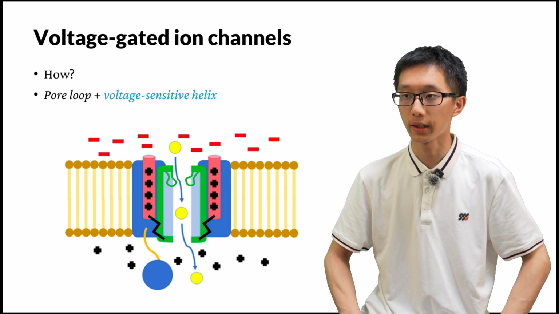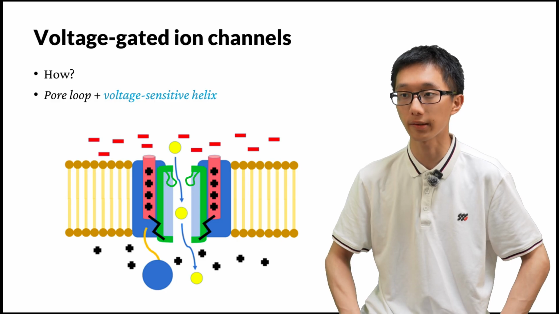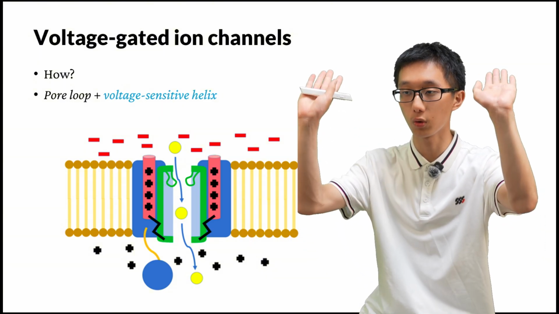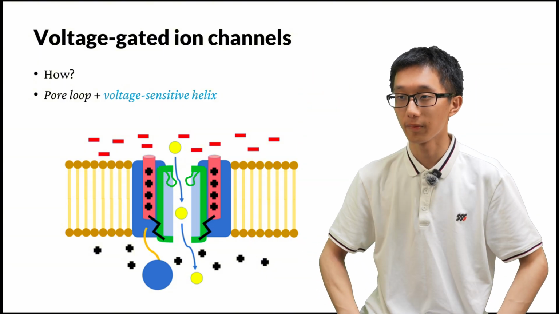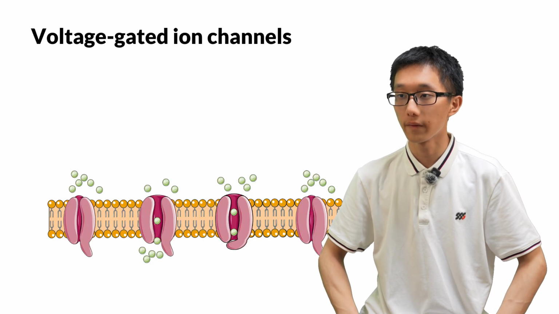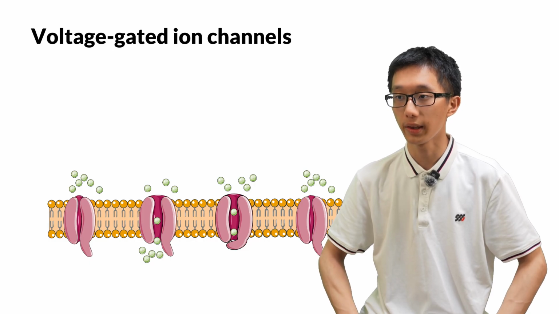However, when the membrane potential increases, the inner side of the membrane becomes more positive, and this pushes this helix up towards the outside of the cell. The movement of this helix propels the whole protein to change in conformation, thus opening up the channel and allowing ions to flow through.